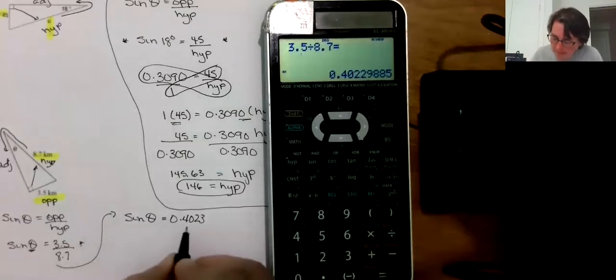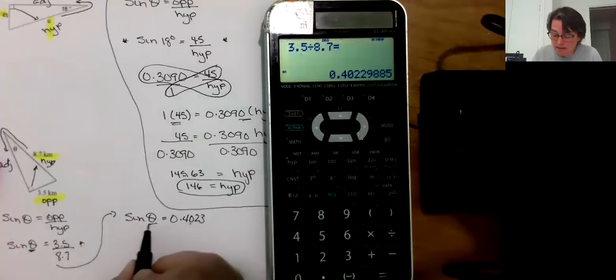To get my theta, this isn't my angle. If you're ever thinking your question is done and you have your angle and it's less than 1 degree, odds are probably that you're not done. Because this is just the ratio of my angle, not the angle itself. So I want theta, or I can put even angle theta. Either one is good.